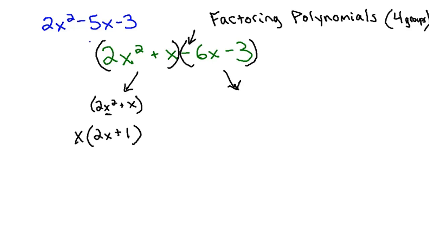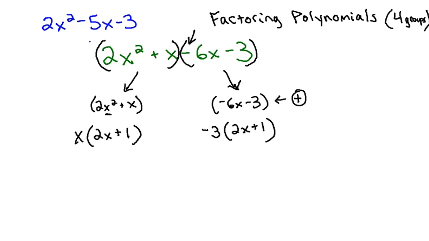And then over here, the negative 6x minus 3, we're going to want the final product of this to be positive. So we're going to want to pull that negative out. What else can we pull out of this set? We can pull the 3 out. So let's pull out a negative 3, and that leaves us with 2x plus 1.